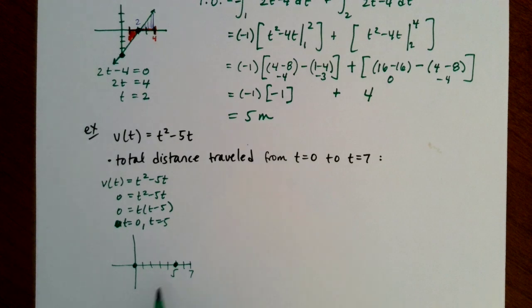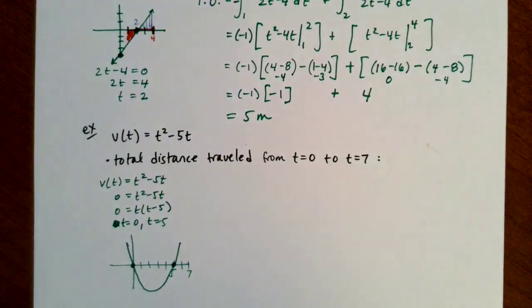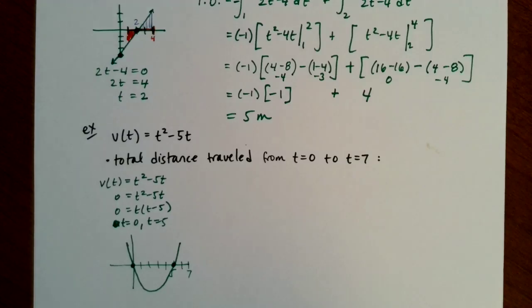One thing I could do is look back at this original formula and see that t squared, and I say, oh, well, this is a quadratic. It's a parabola shape, and it has a positive leading coefficient of 1, so I know it opens upwards like that. If you get a formula that you don't feel comfortable making that judgment call on, what you could do instead is test points, almost like a first derivative test.